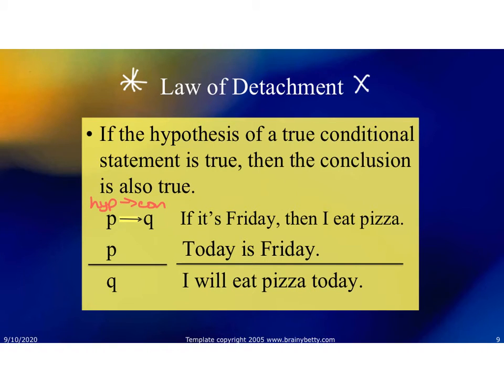So if it's Friday, then I eat pizza. The arrow shows the order. Then they tell you today is Friday, so you can automatically conclude that you will eat pizza. If the hypothesis is true, then the conclusion is also true.